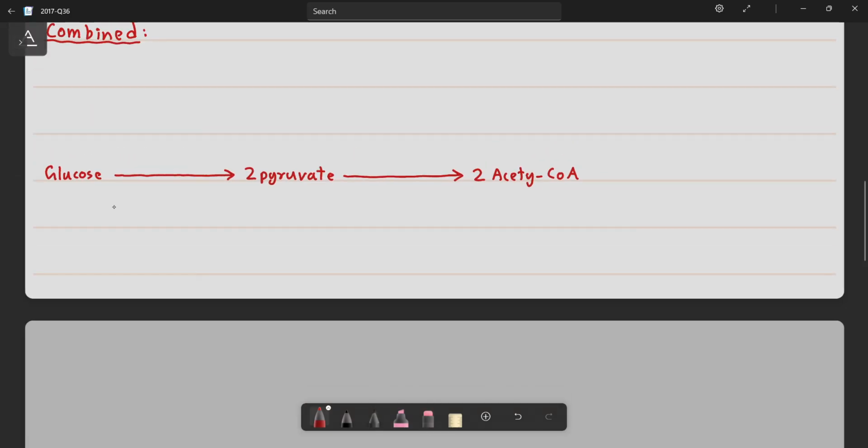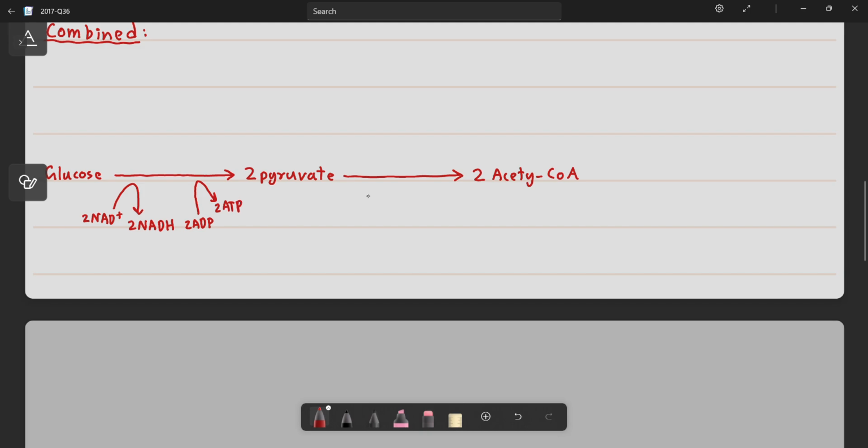so glycolysis produces 2 NAD plus and 2 NADH. Okay, reduced NAD, and it also produces ATP. Okay, so 2 ATPs, converting 2 ADP to 2 ATP.